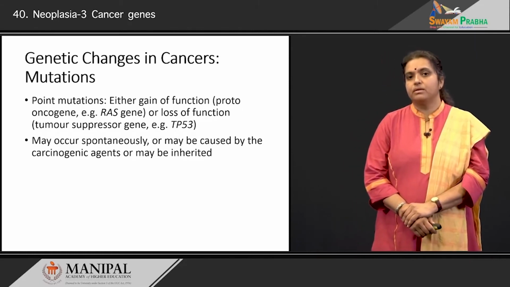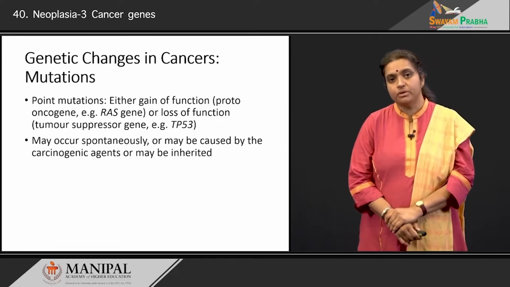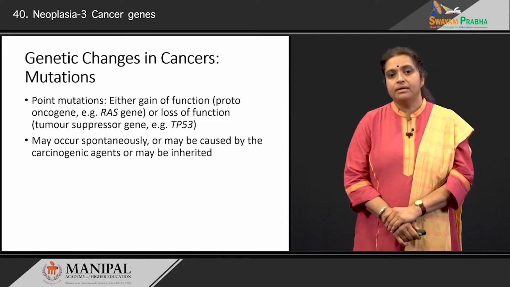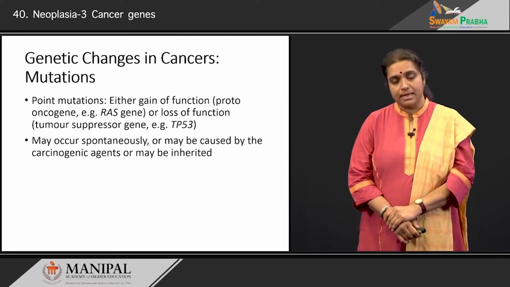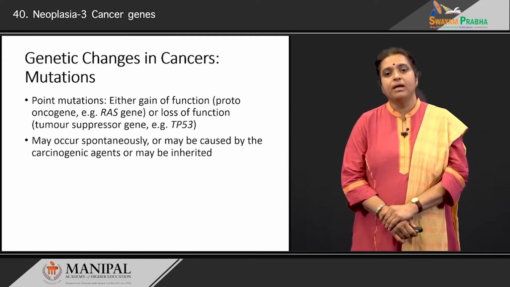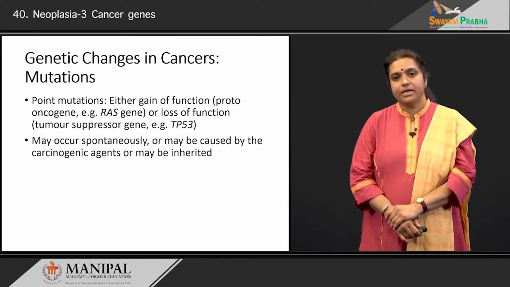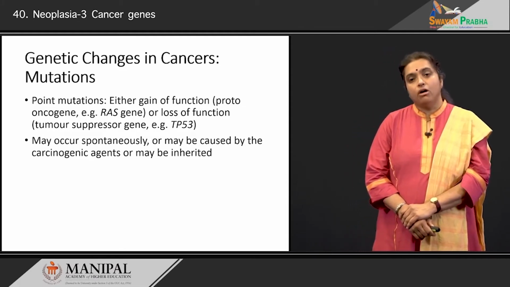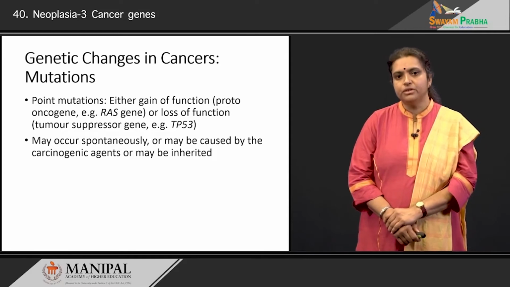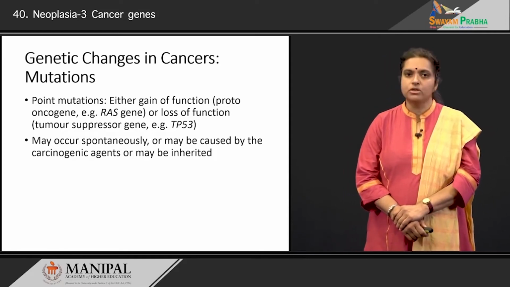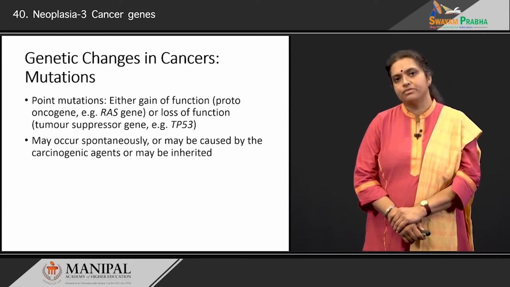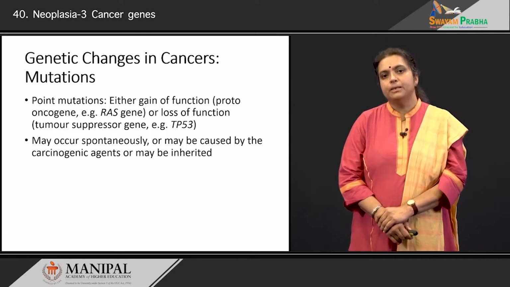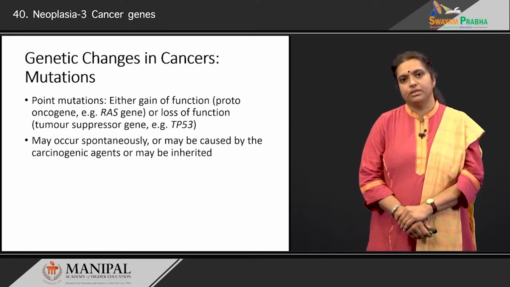In a subsequent lecture, I will be talking more about this RAS gene, which normally acts as a signal transducer, and this gene when mutated can become an oncogene, or there may be loss of function of a tumor suppressor gene.